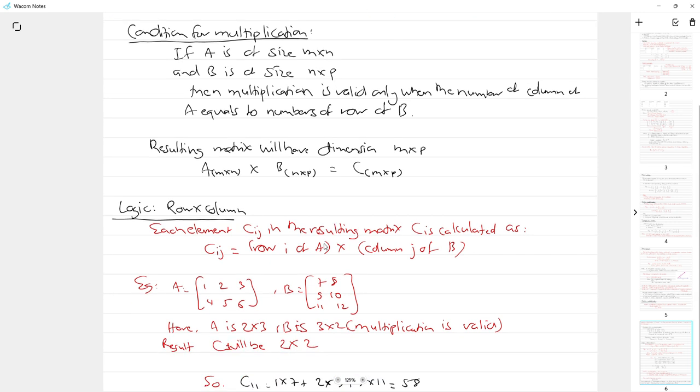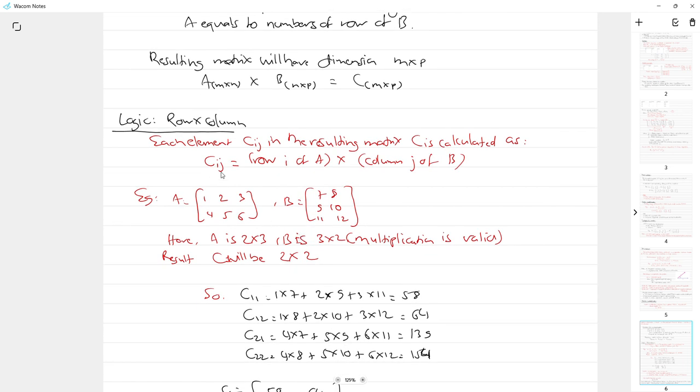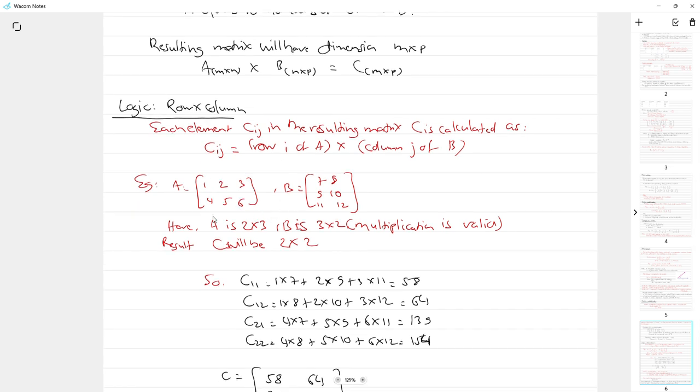So what it means is each element of the result, which is represented here by Cij, is equal to row i of matrix A times column j of matrix B. Let's see this in this particular example here.